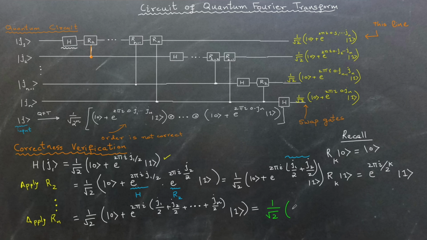This is precisely the intended output for the line corresponding to ket J1. The same logic applies to all other lines in the circuit. Each line contributes a superposition state with a phase factor determined by its respective fractional binary value. By following this reasoning, we verify that the circuit produces the correct output for all lines, confirming the correctness of the quantum Fourier transform circuit.